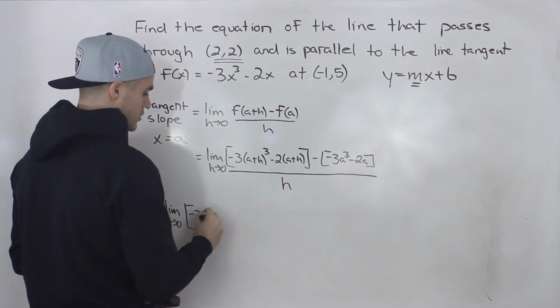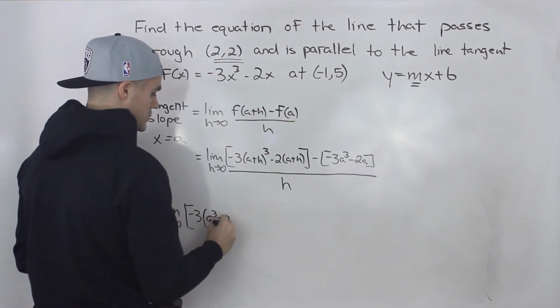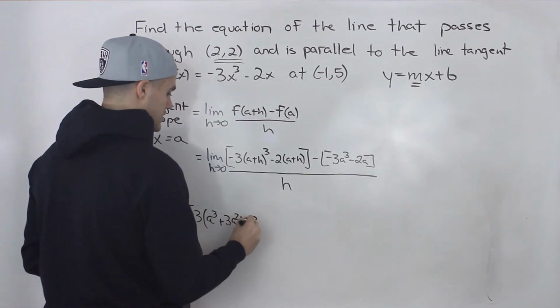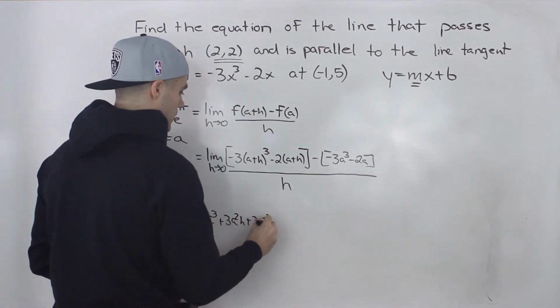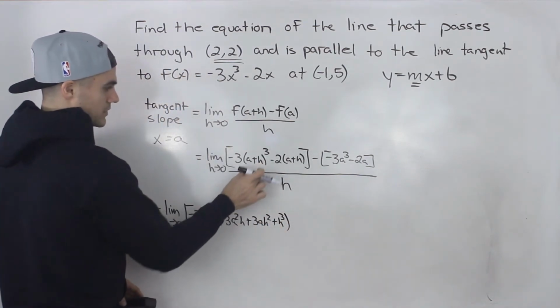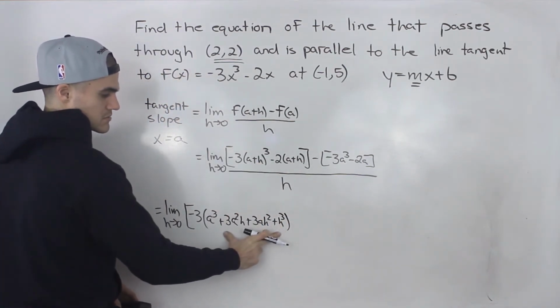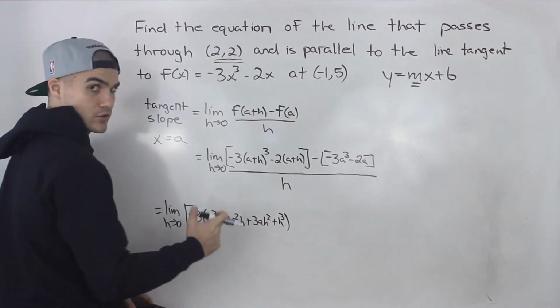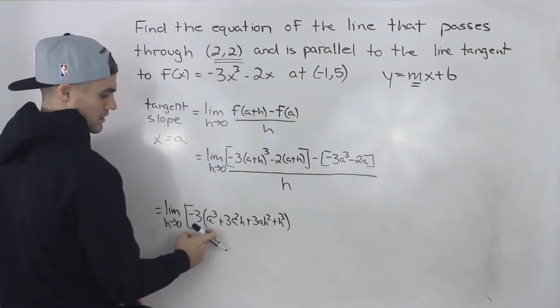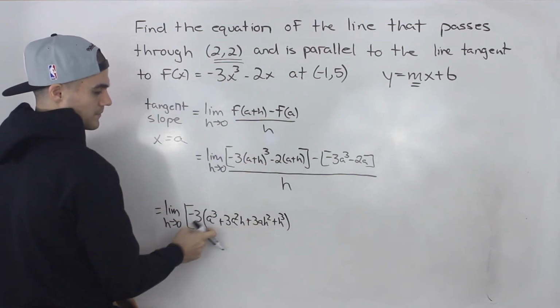So you'd have a cubed plus 3a squared h plus 3a h squared plus h cubed. So (a plus h) cubed is basically this bracket here. Whether you use Pascal's triangle or FOIL it out manually, this is what you should get.